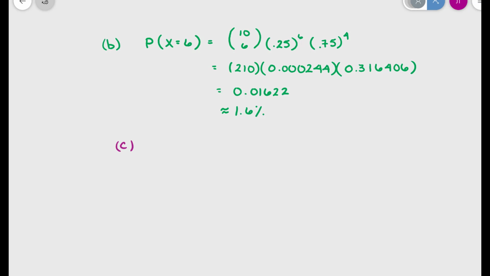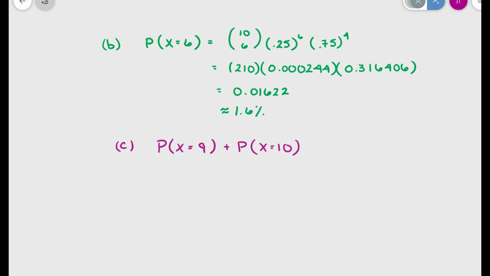So this means we have to include 2 probabilities. The probability that they get 9 correct, that's 90%, plus the probability that they get 10 correct, which would be 100%. So we're going to do the probability formula twice and add these together.